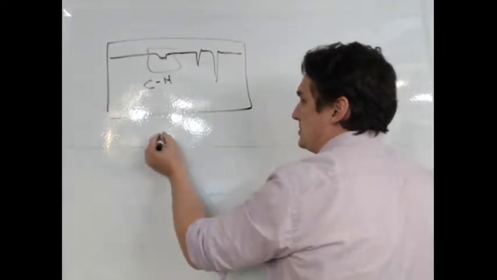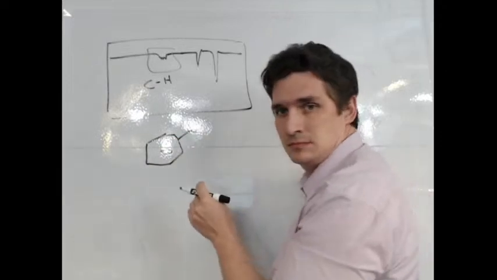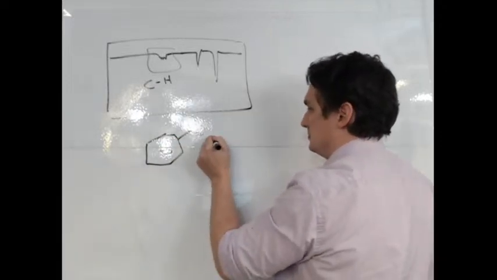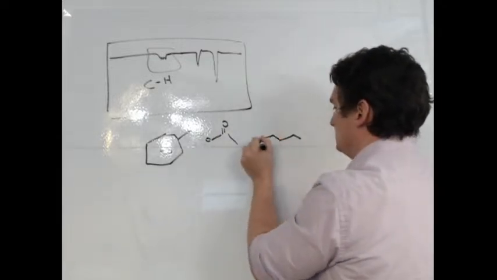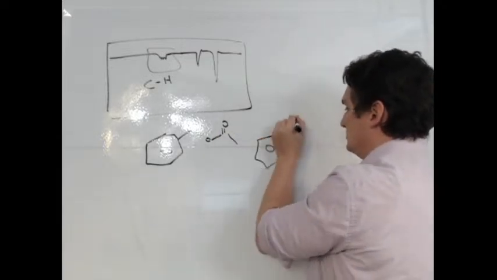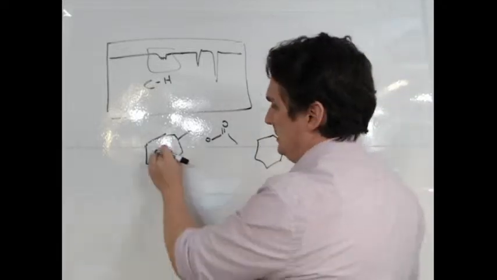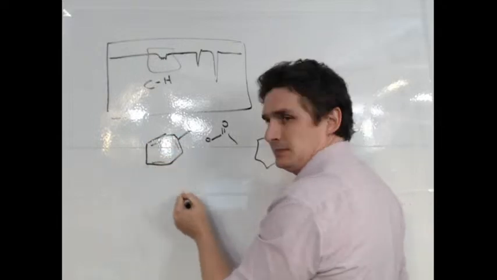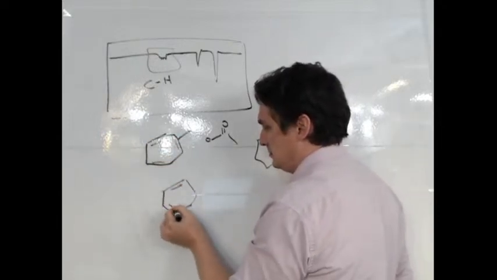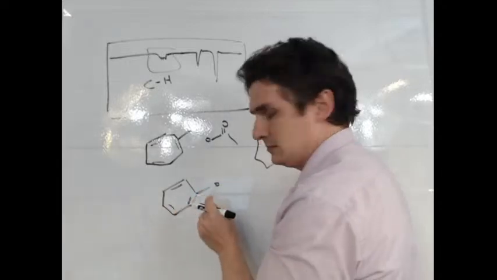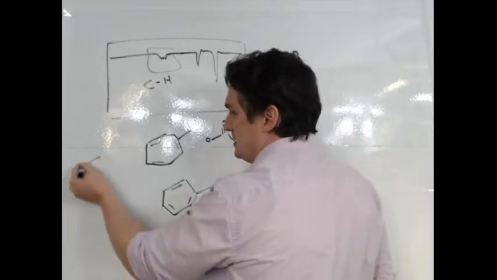It gives you an ester, a ketone, an aromatic ring, and I'll draw it the way they've got it drawn, an ether.